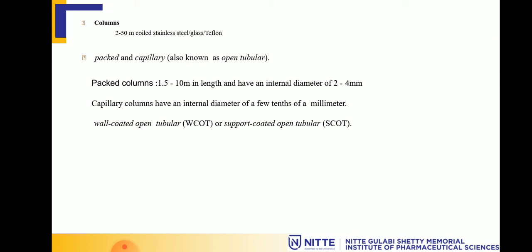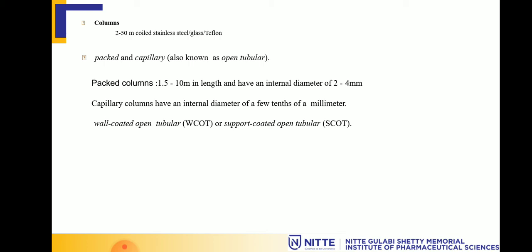The main concerns were the patent, the mechanical strength and sample loading. Reaching the open tubular column was a great challenge. In 1977, the patent for this type of column was released. Thereafter, a lot of open tubular columns came into the market.